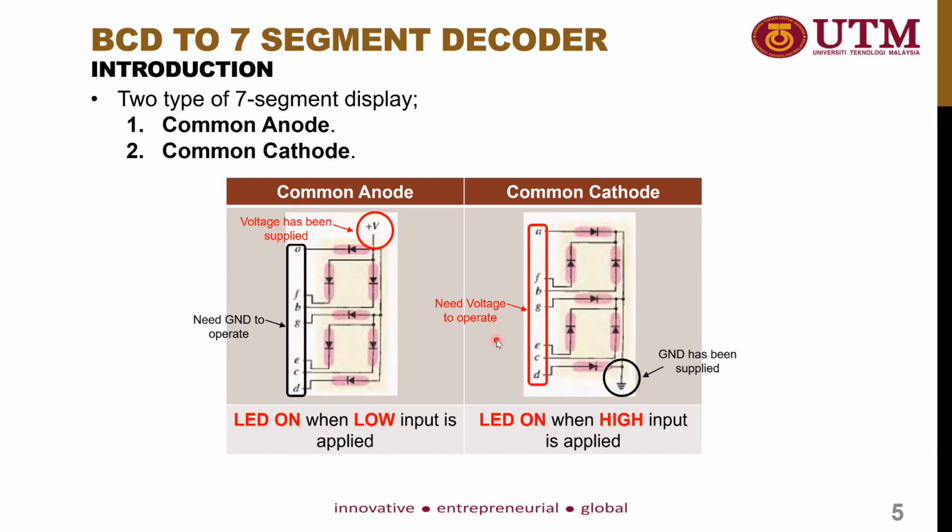In this situation, we need an active high output from the 7 segment decoder in order to operate the common cathode 7 segment display. So for common anode, the LED is on when a low input is applied from the 7 segment decoder, and for common cathode, the LED is on when a high input is applied from the 7 segment decoder.